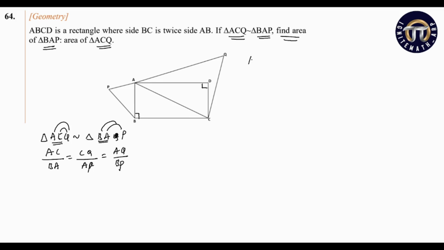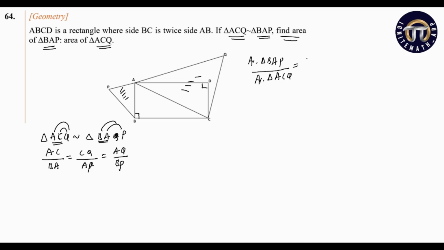So now what can I write? Area of triangle BAP by area of triangle ACQ is equal to, what can I write down? BAP is this triangle I'm supposed to take. ACQ is this bigger triangle.